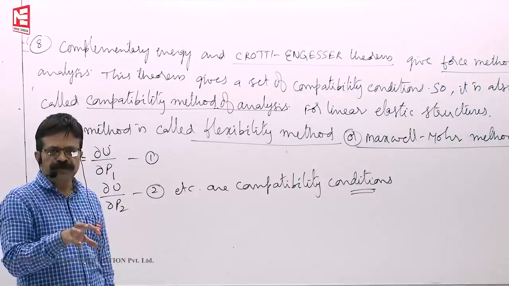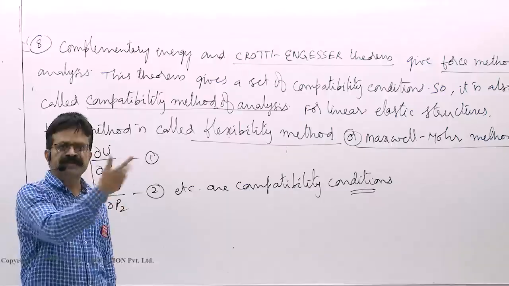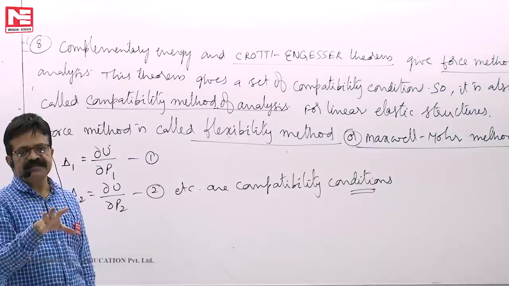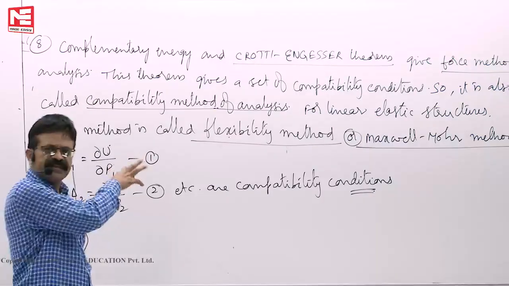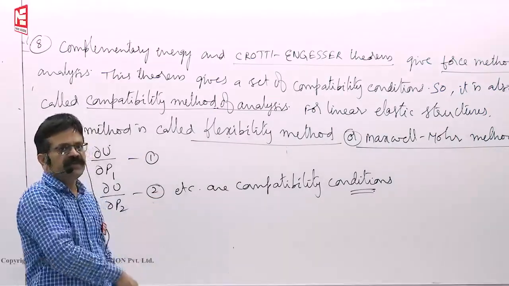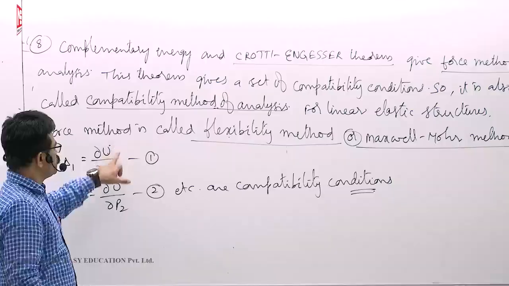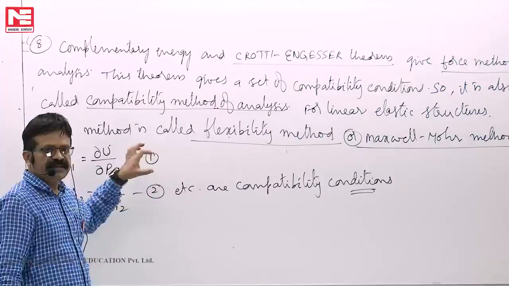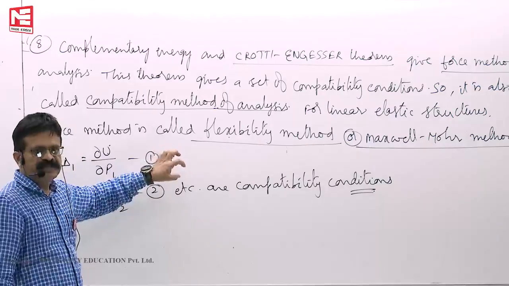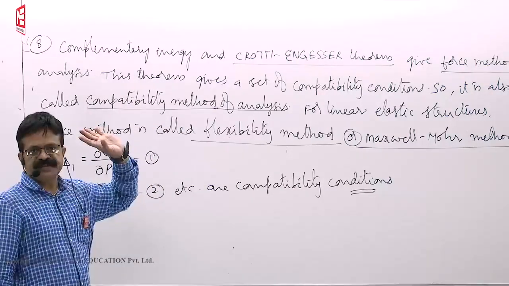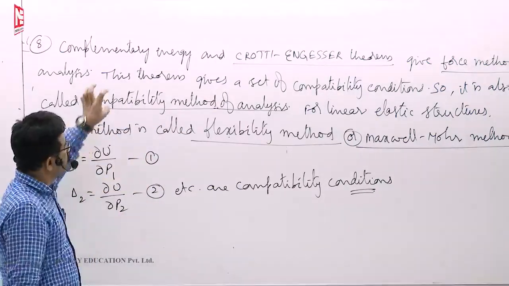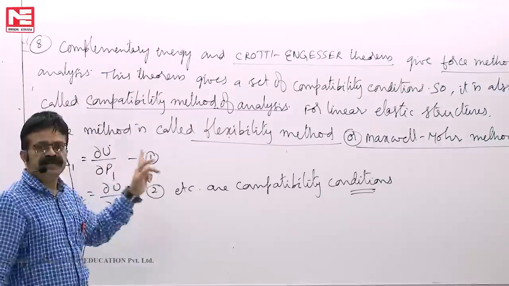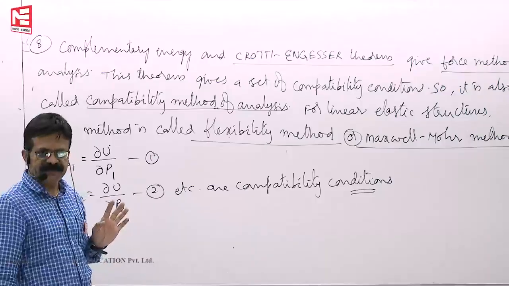So ∂U/∂P is 0, let us say, then U will be either maximum or minimum. If you have a stable structure, potential energy is minimum, which means the strain energy stored is also minimum. So you will get ∂U*/∂P equal to 0, which means that if the displacement happens to be 0, then the Crotty-Engesar theorem will become the principle of minimum complementary energy.